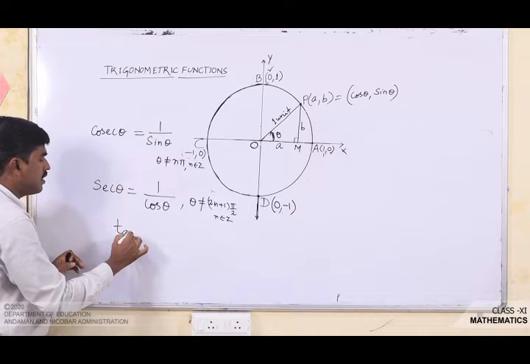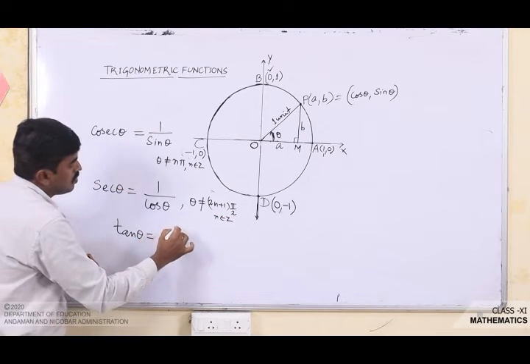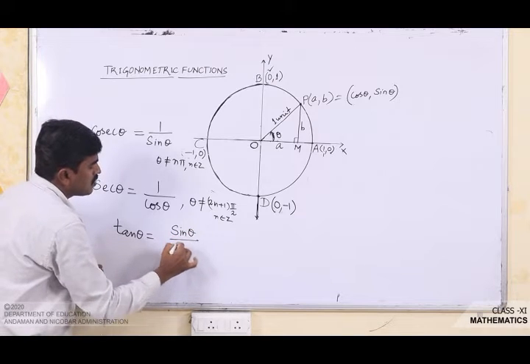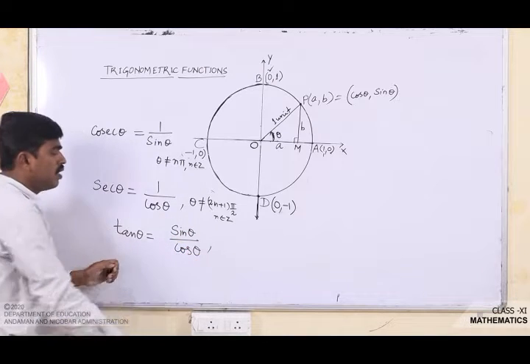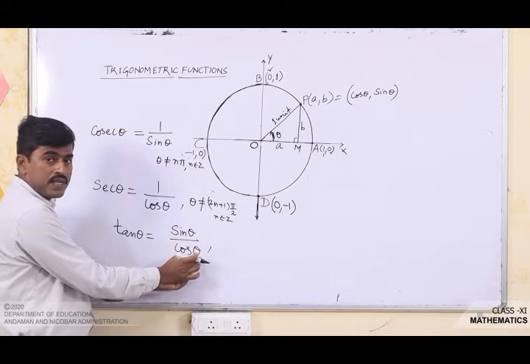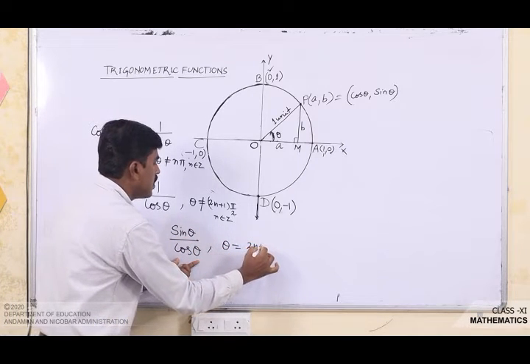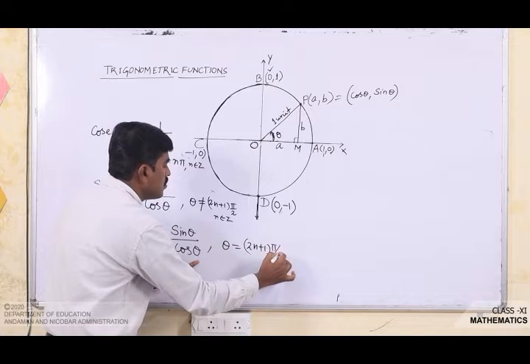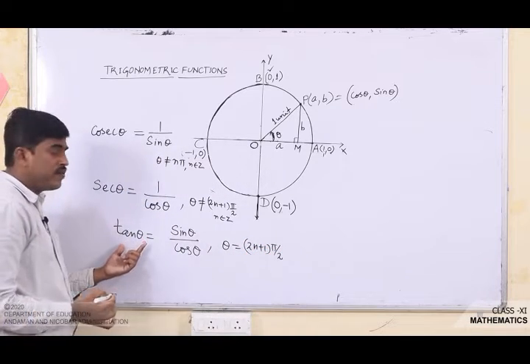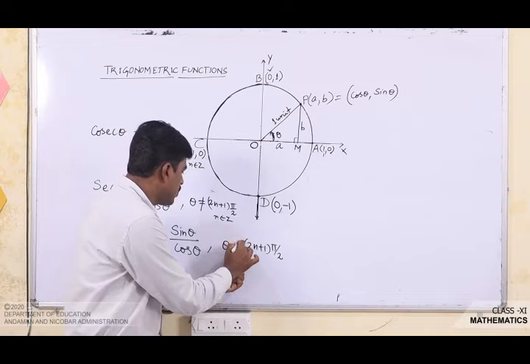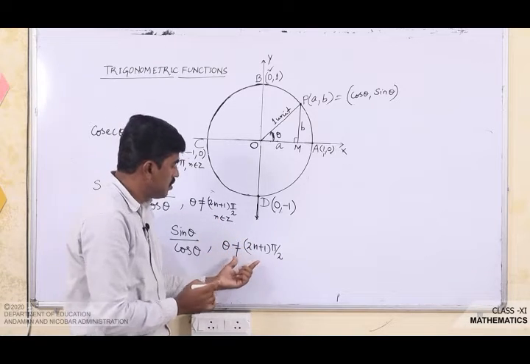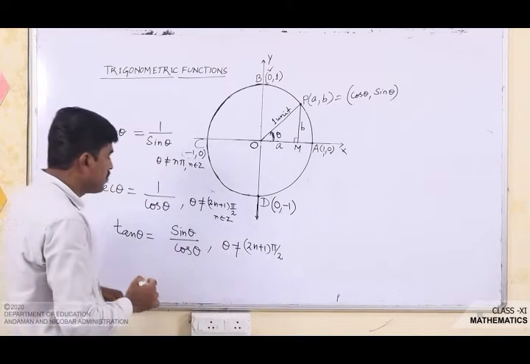So what about tan theta? Tan theta is equal to sin theta by cos theta. Again we give the condition because here also the denominator is cos theta. So theta should not be equal to (2n plus 1) pi by 2.